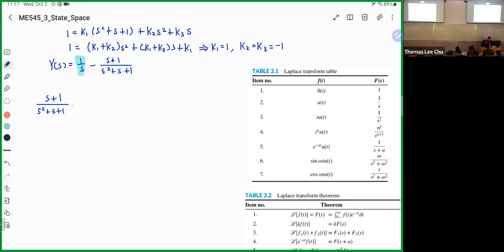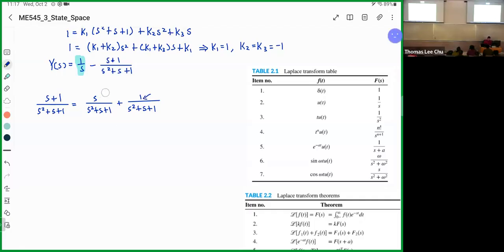Okay. We can actually split this up into s divided by s squared plus s plus 1, plus 1 over s squared plus s plus 1. And if we look to table 2.1, it kind of looks like property number 6 and 7, right? Where we have omega right here and we have s right here.